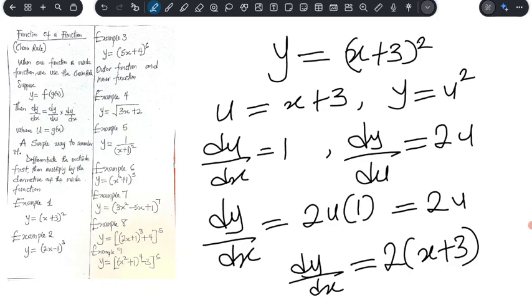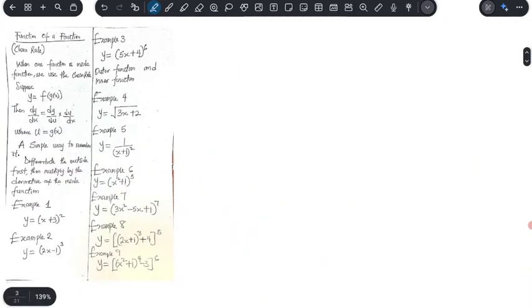But in example 2, we are going to use the simple way, which we have also written: differentiate the outside first, then multiply by the derivative of the inside function. So let's solve example 2.